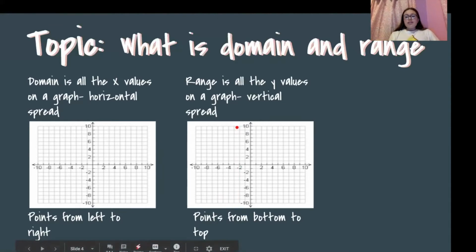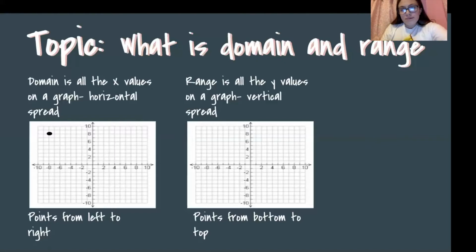So let's have some examples to further help you. What is this point here? Okay, so this is (-8, 8). Your first step is really just to write out the point. So I'm going to get a whiteboard and write out what the point is.